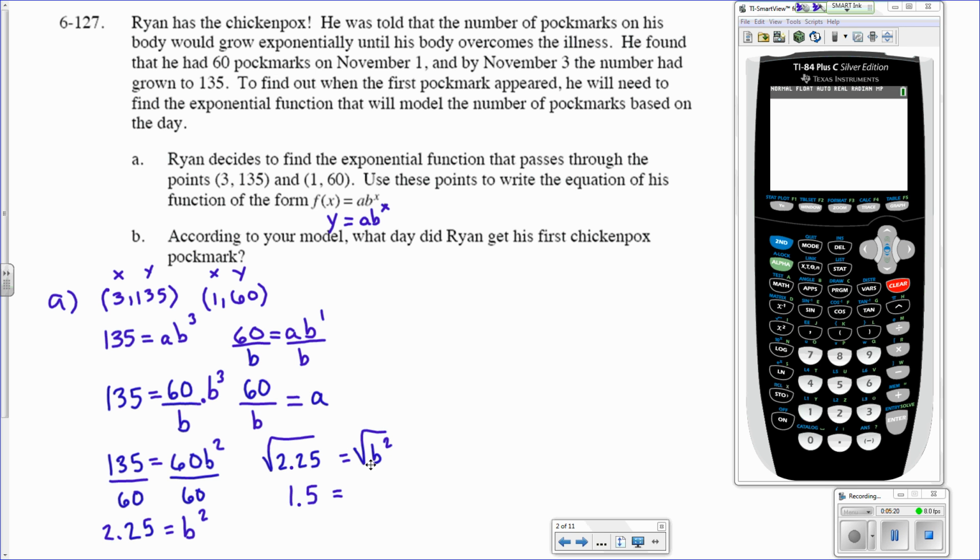Square root of b squared in the context of this problem should be just b. So now we know that b is going to equal 1.5. That is our rate of change. Now we need to go back and figure out what a is going to be, and we can just substitute our value in to find it.